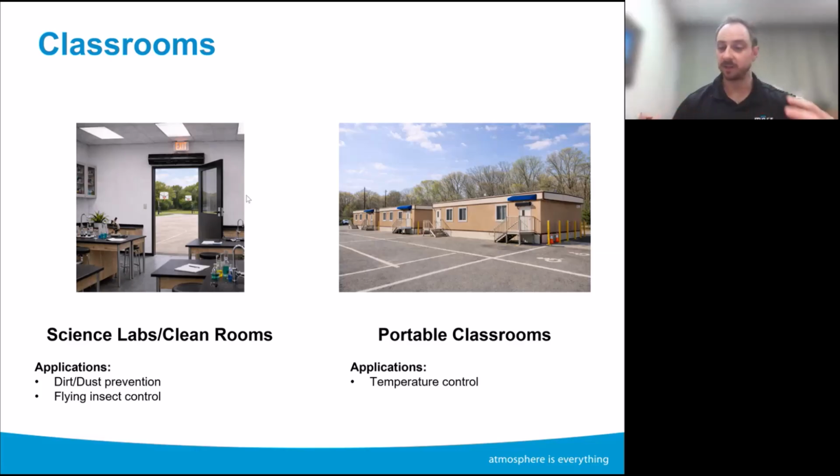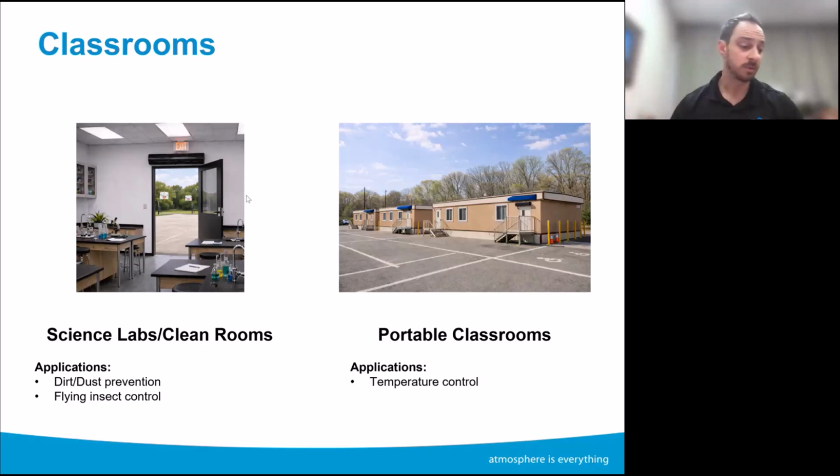We're running lab experiments and research tests in these rooms, and ensuring that the ambient atmosphere in there is clean and sanitized is very important to get the most reliable results. So especially if you have doors opening to the outside, having an air curtain to prevent any dust, airborne pathogens, or dirt from getting into these labs is very important.